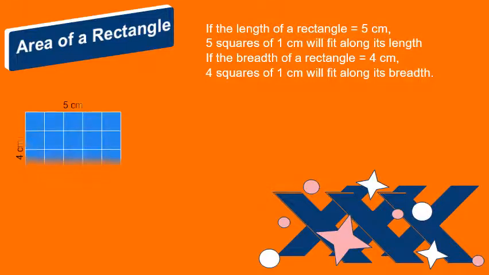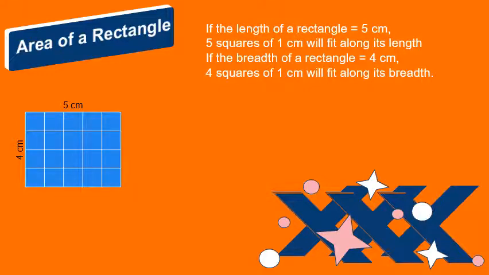So, in the figure you can see along the length of the rectangle, how many squares of 1 centimeter side each are fitted? Well, it is 5 squares of 1 centimeter side fitted along its length, and in the same way 4 squares of 1 centimeter side will be fitted along its breadth, right?